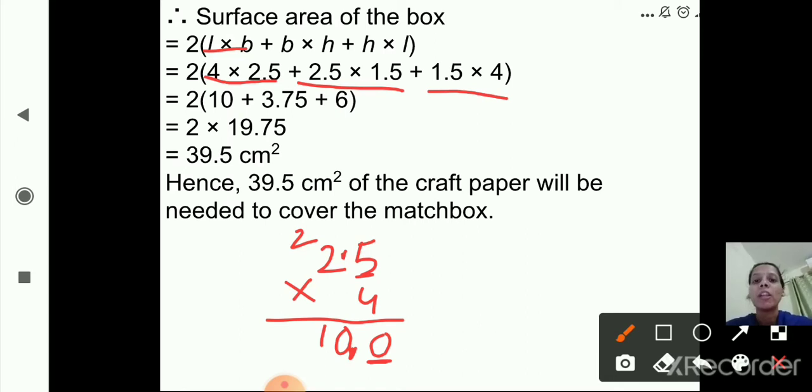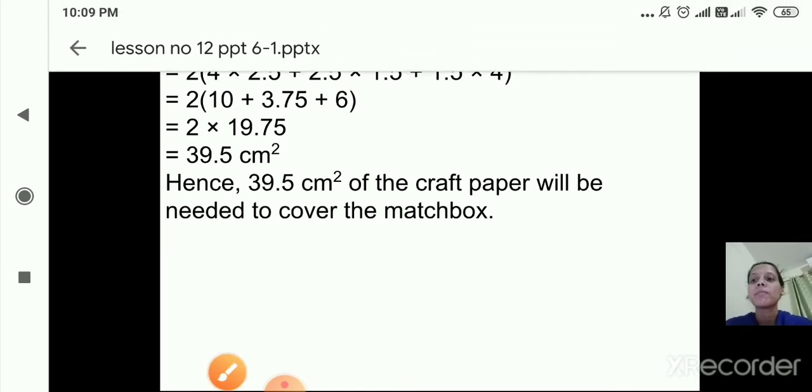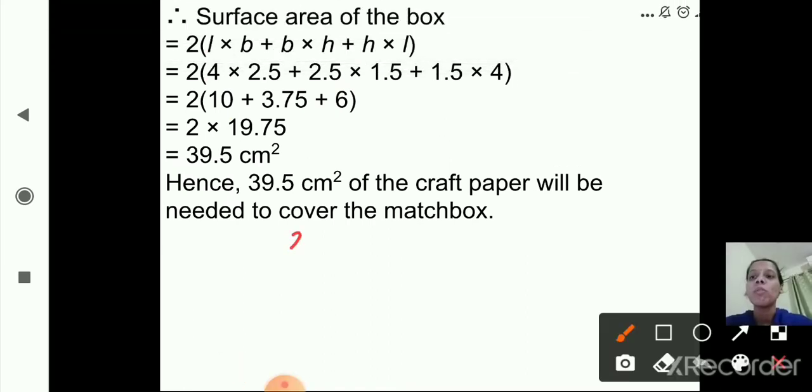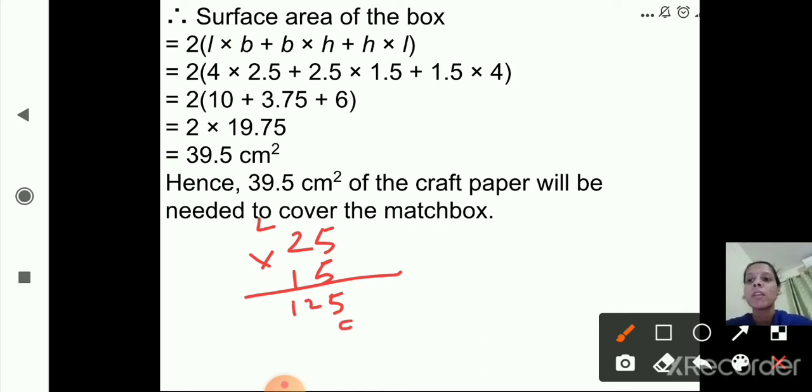Now see the second multiplication. 2.5 multiplied by 1.5, decimal points we will put later. So 25 multiplied by 15, we'll put the decimal point once we get the answer. 5 5s are 25, 5 here, 2 carrying. 5 2s are 10 plus 2, 12. Next step, 5 1s are 5 and 2 1s are 2. Now we'll add this.